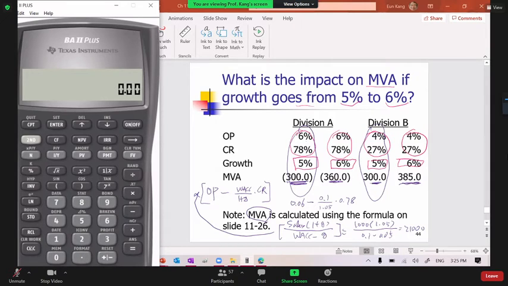Oops, something's wrong. Sorry. 0.1 divided by 1.05, 0.10 times 0.78, 0.07 minus 0.06, 0.01. This is not 0.1, as you know, there are more decimals. So this one times 21,000, right?